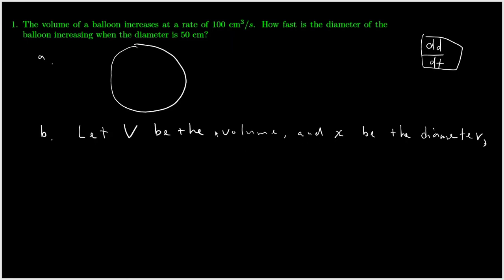By that we mean we have a handy formula to give a relation between V and the radius, and we also know a relation between the radius and the diameter. In this case, we need one other quantity, the radius.